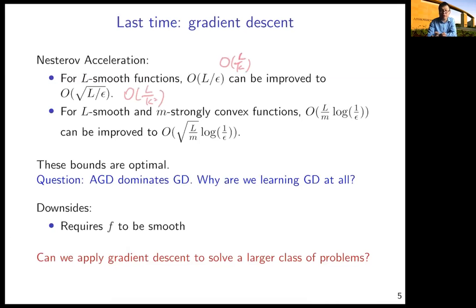Shouldn't we always prefer it over gradient descent? That's a legitimate question, because it is very similar to gradient descent and doesn't suffer from any additional complexity in either space or time. So why don't we only teach accelerated gradient descent?